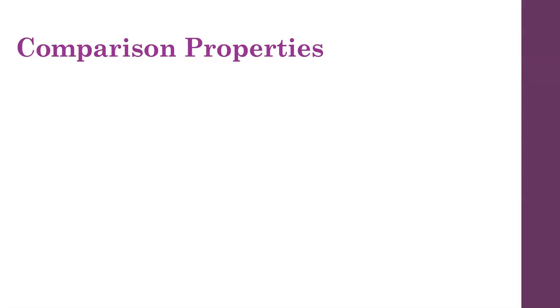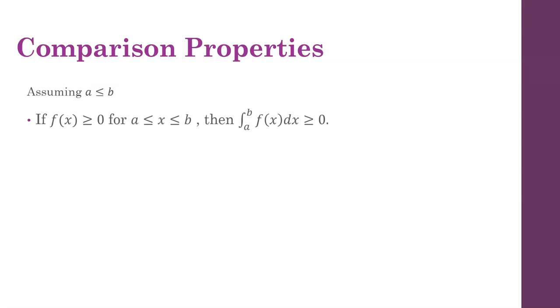And then we have three properties that we refer to as comparison properties. They let me compare my function to some other value, or a function to another function. So assuming in my interval I always have a smaller than b, and my function is always positive inside that interval, whenever I have x between a and b, the function is positive, then when I integrate it, it's going to give me an answer that's bigger than 0, right?